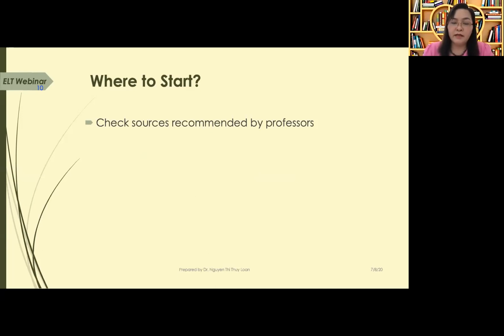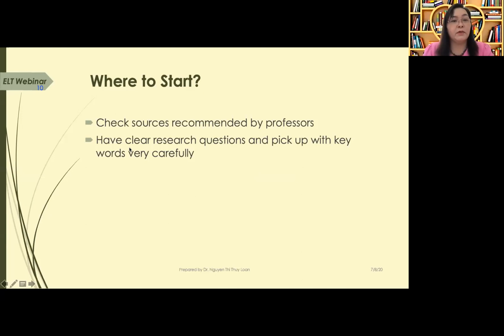And from your discussion with your supervisor, you at least have some idea for your research. But it is better if you have a clear research question and you know what you are focusing on, with some keywords, because those are the key things you need to refer back to the whole time you are working on your thesis.